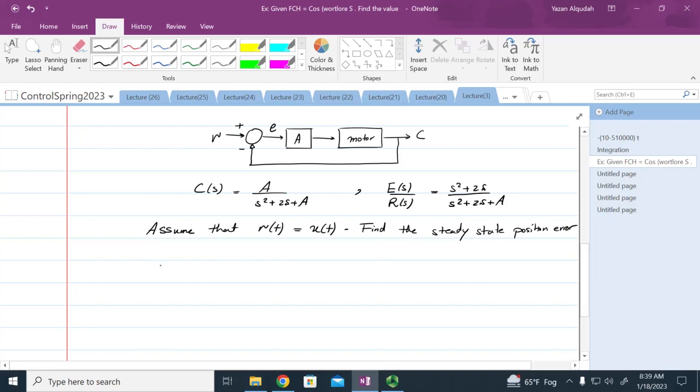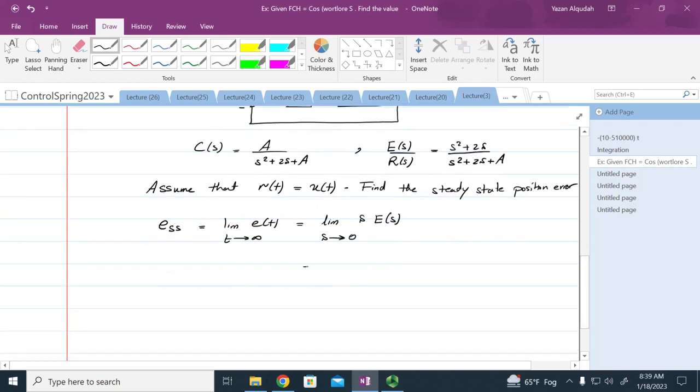Final value theorem. The steady state error, E steady state, is going to equal the limit as t goes to infinity of E of t. And this is going to equal the limit as s goes to 0 of s multiplied by E of s. This is the formula, isn't it? And what is this going to equal to?